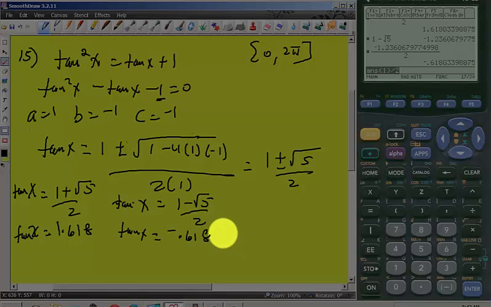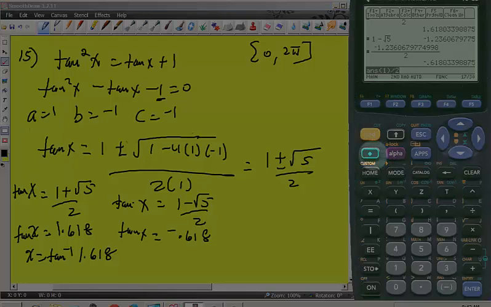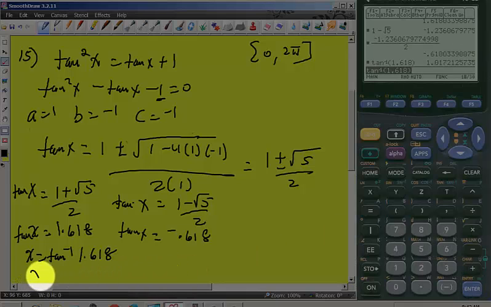All right, I'm solving for x. That means I take the inverse of both sides. x is equal to tan inverse of 1.618. So I'm going to go tan inverse of 1.618, and this turns out to be x is approximately 1.017.